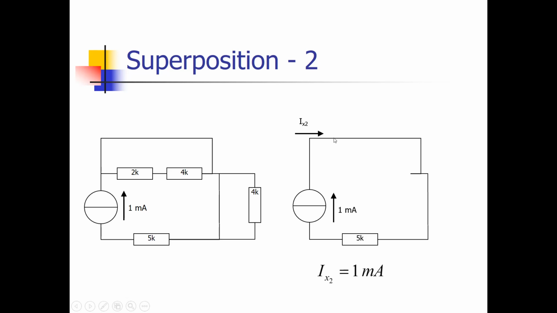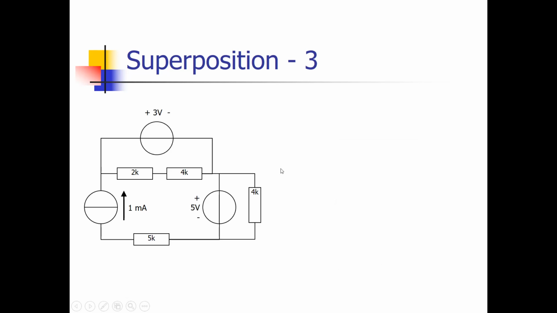Now we have one voltage supply left, which is this voltage source, and we can do the same thing over again by replacing this voltage source by a short circuit and replacing this current source by an open connection. And then we have the following network. This is a short circuit, this is the open connection, and we are interested in the current flowing over here.